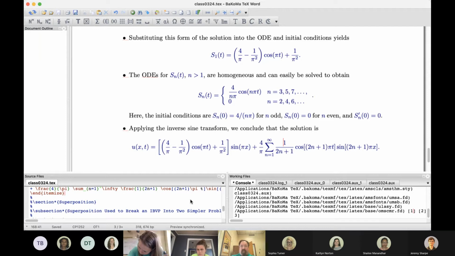So, questions about how that was solved? You take the appropriate transform, sine or cosine, depending on boundary conditions, of your PDE and your initial conditions, and that gives you a family of ODEs with initial conditions for them.